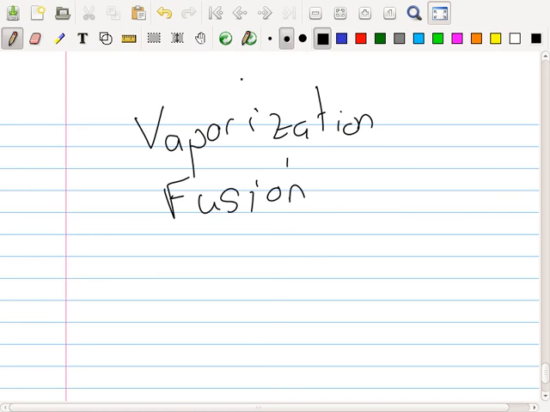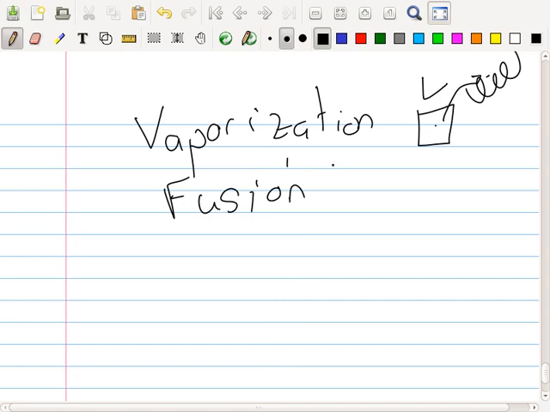So, vaporization, how much energy do you need to go from a solid to a gas? Probably very much. And fusion, what do you think fusion is? A liquid to solid, I think.